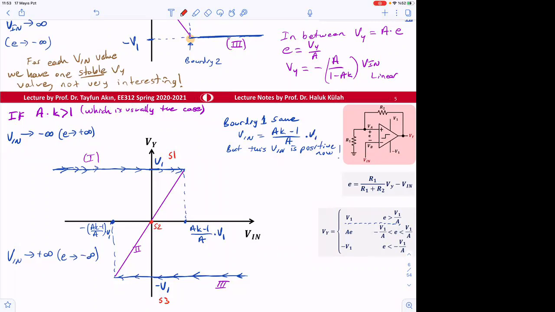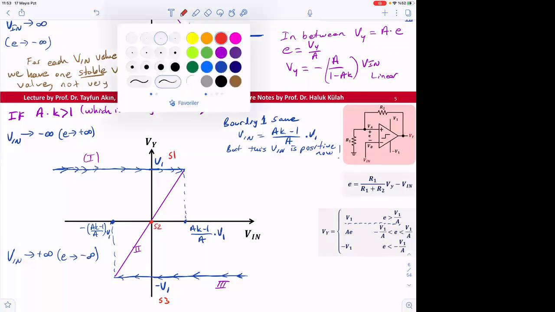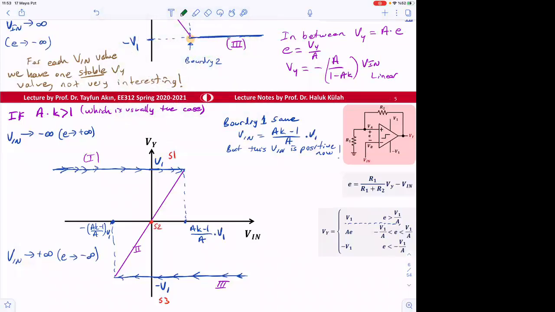So for input V in equal to 0, Vy can be either V1 or 0 or minus V1.